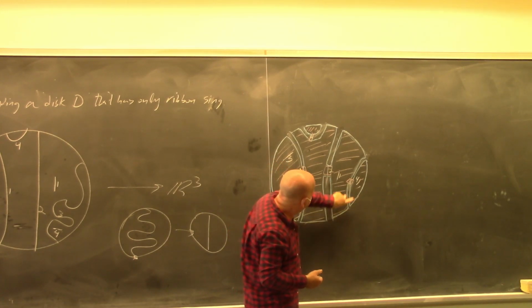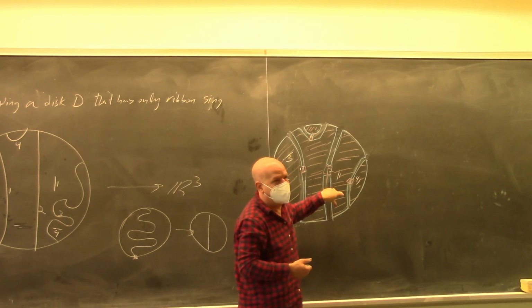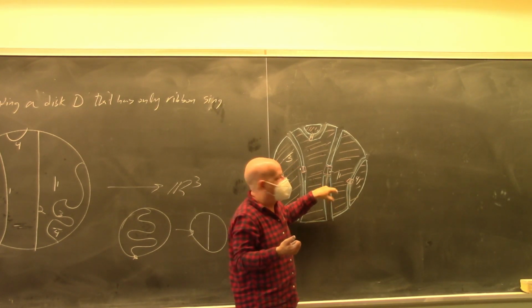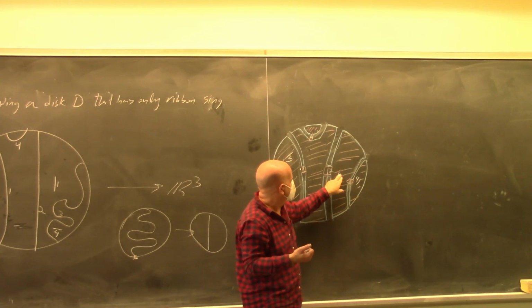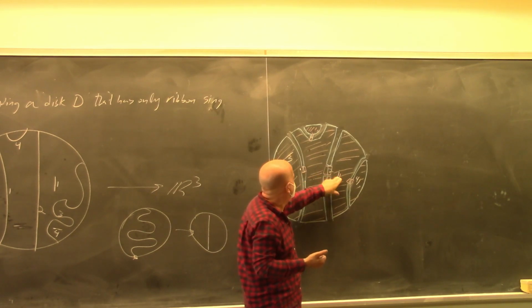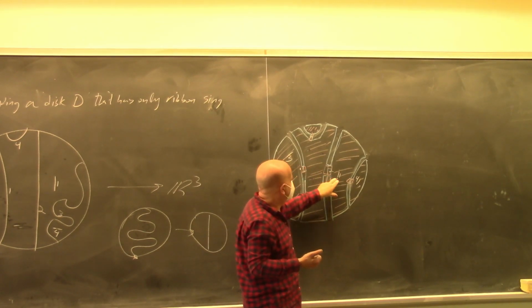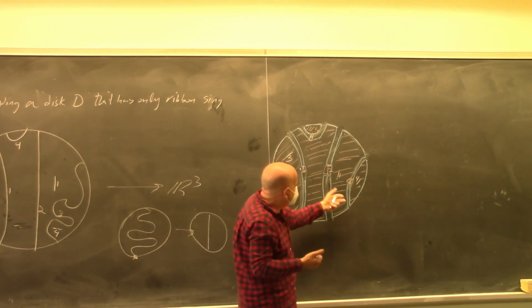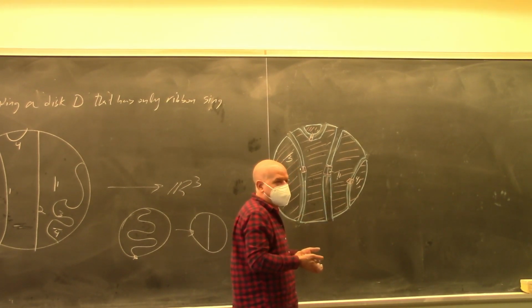So this disk in itself is non-singular, right? The singularities are always an intersection of a disk piece with a band. So the disks in themselves are non-singular.